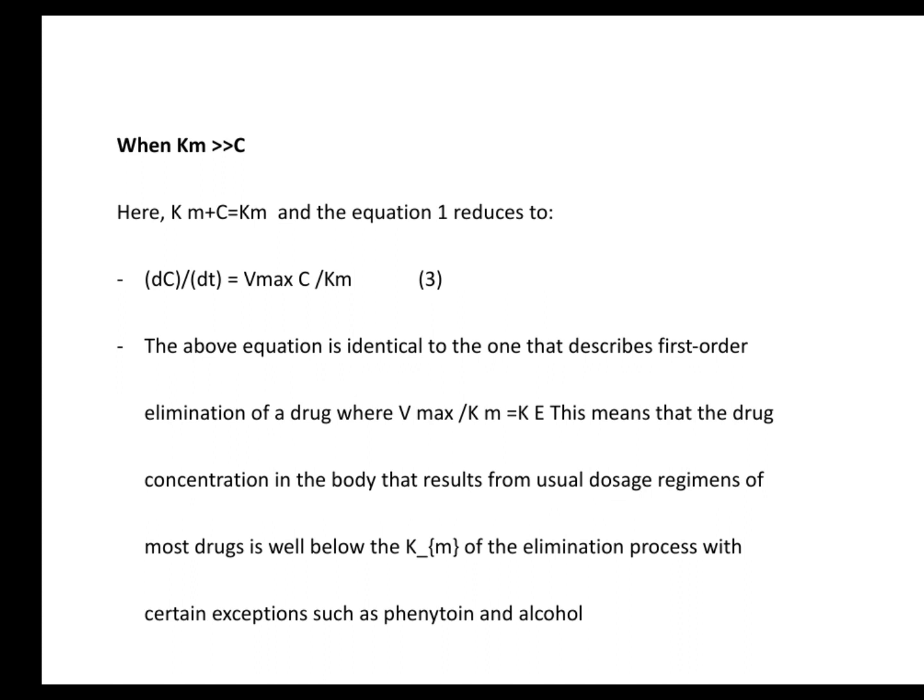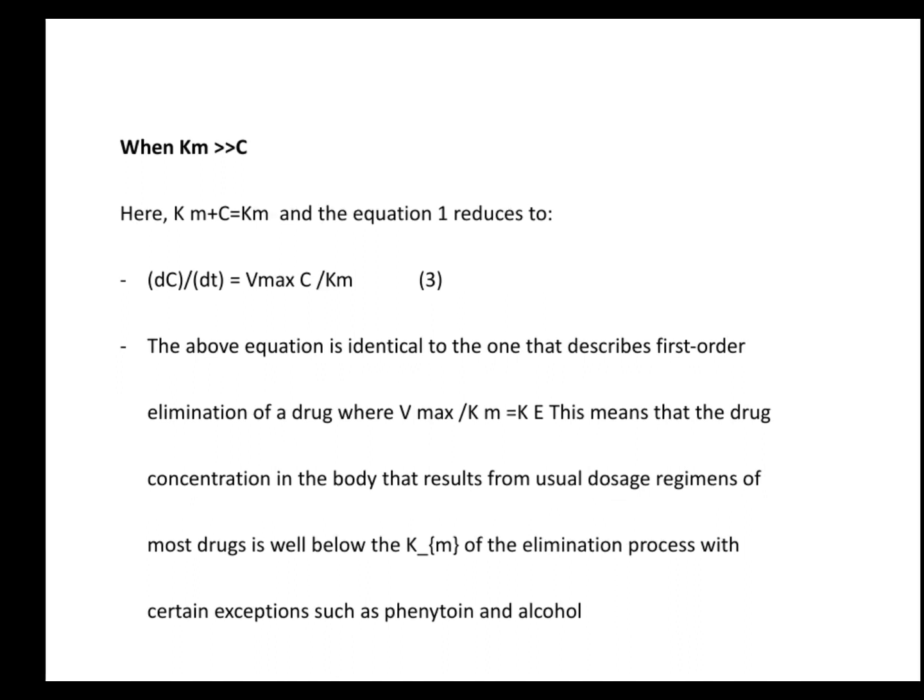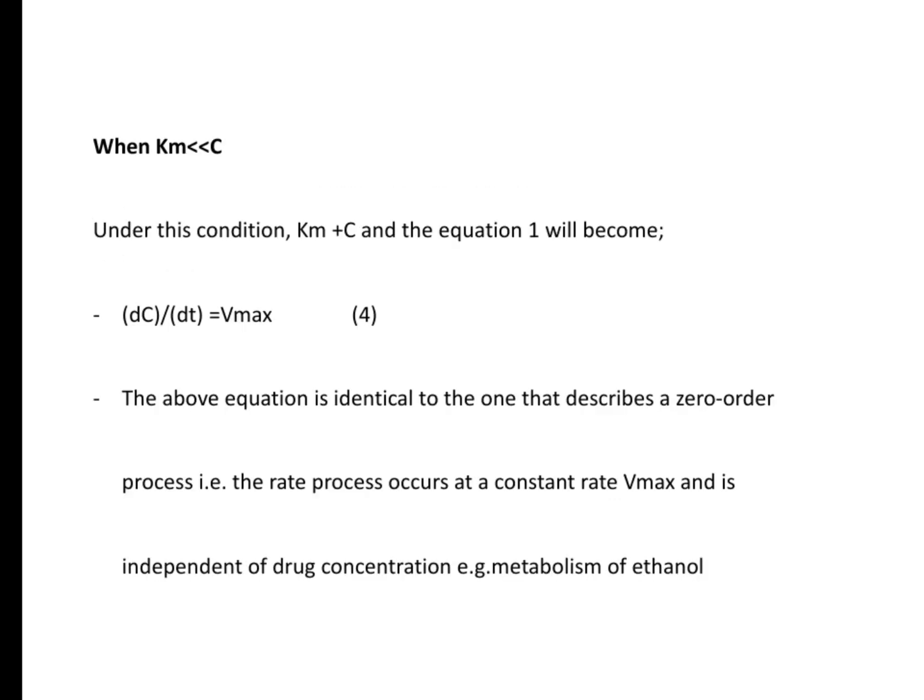The above equation is identical to the one that describes first order elimination of a drug, where Vmax divided by Km is equal to the first order rate constant. This means that the drug concentration in the body that results from the usual dosage requirements of most drugs is well below the Km of the elimination process, with certain exceptions such as phenytoin and alcohol.